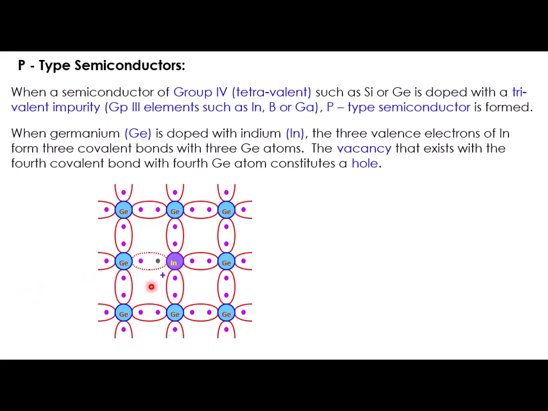Eventually this deficiency of electron, or hole, will try to pull nearby electrons to satisfy the octet rule.